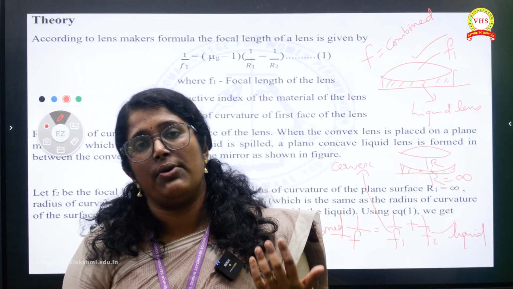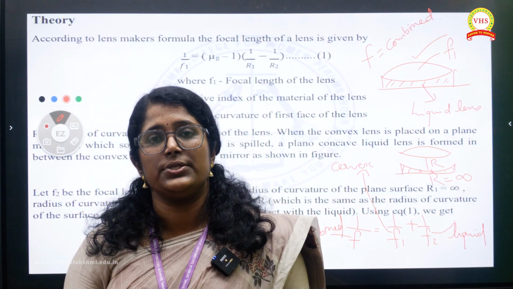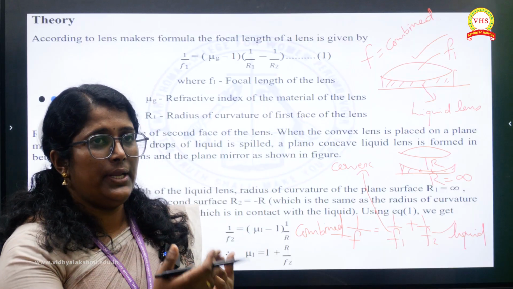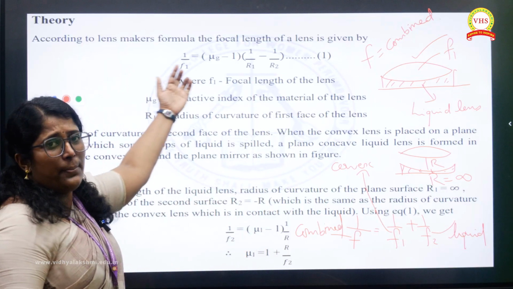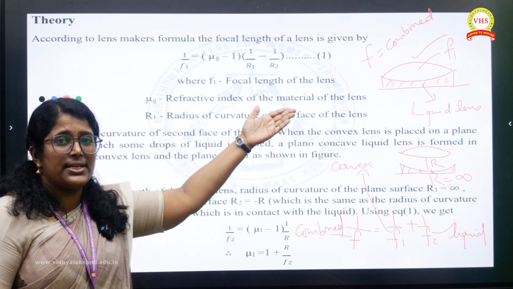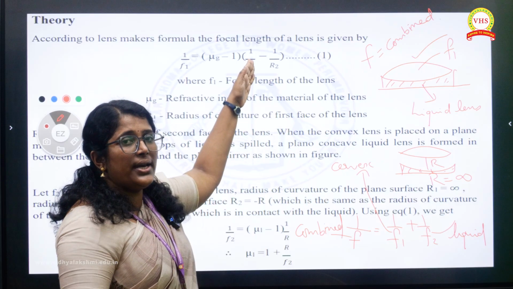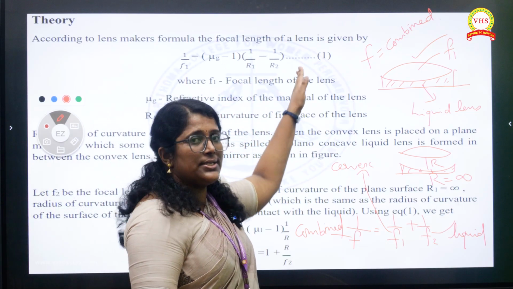F is the focal length of that particular lens, and mu is the refractive index of the second medium with respect to the first, like lens to air. Here we applied the lens maker's formula: 1 by F1 is equal to (mu glass by mu air minus 1), because mu air is 1, into (1 by R1 minus 1 by R2).